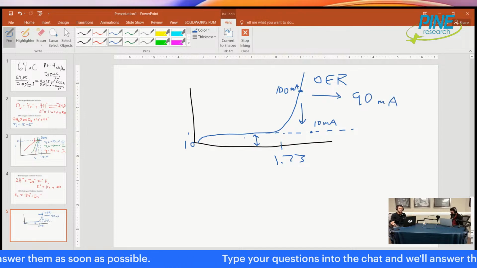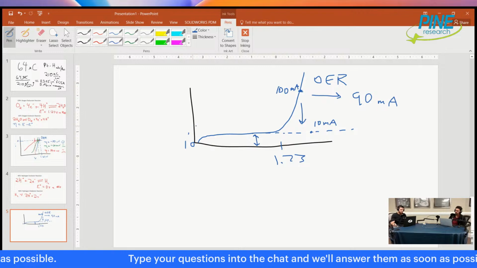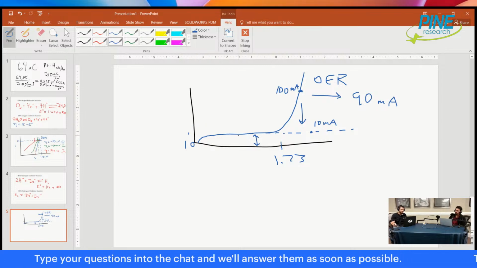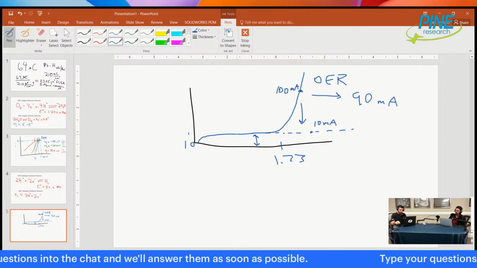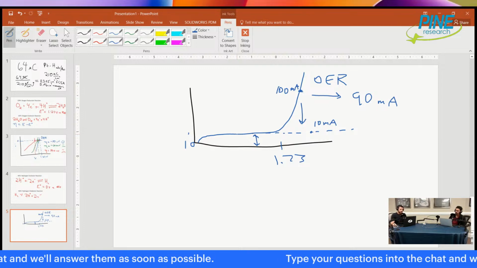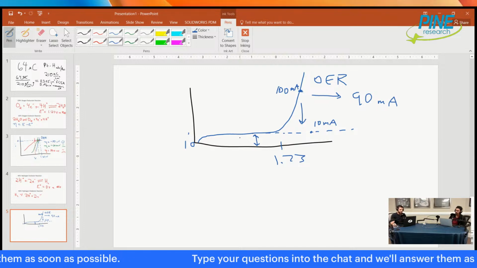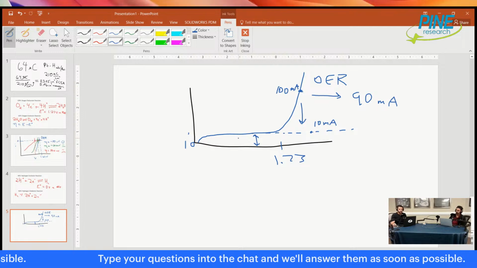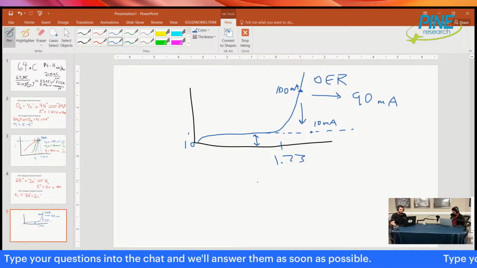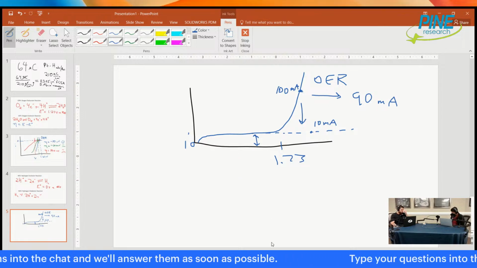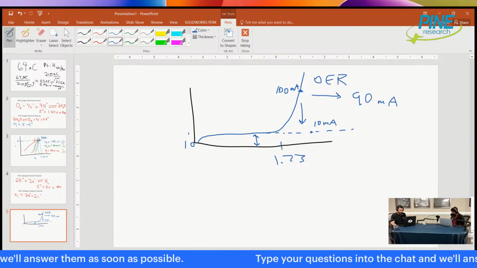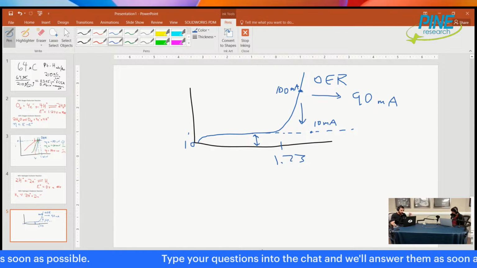It depends on your system and on what you mean by baseline. It could be the double layer buildup as you're scanning, or the background current of your substrate. I don't know exactly what process you're studying, but sometimes you'll subtract the impact of the double layer, something of that nature.